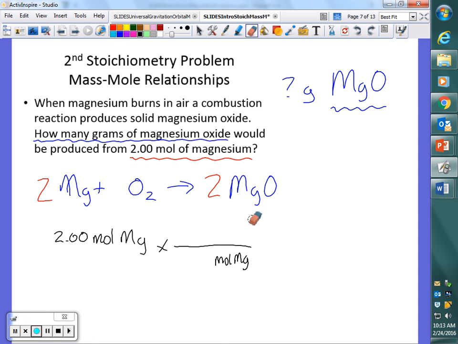But we did learn yesterday that we can convert between different parts of an equation using the mole ratio. So we can put moles of magnesium here, and then we can put moles of magnesium oxide on the top. That's a mole ratio. It gives us the relative amounts, the ratio of ingredients in this recipe. And when we're building a mole ratio, where do the numbers come from?